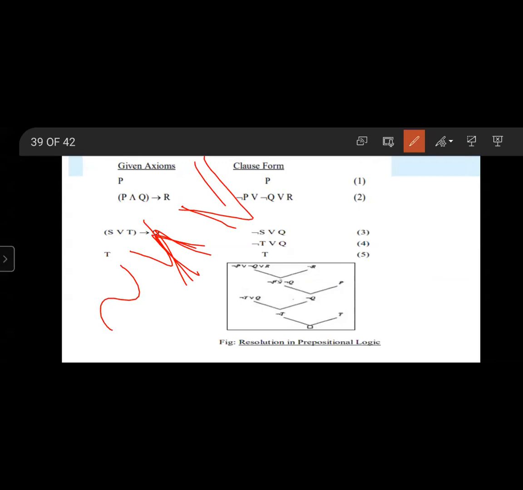In DNF, the formula is represented as a disjunction of conjunctions, that is, in the form L11 and L12 and so on and L1m, or L21 and so on, or so on, or Lp1 and Lp2 and so on and LpK.